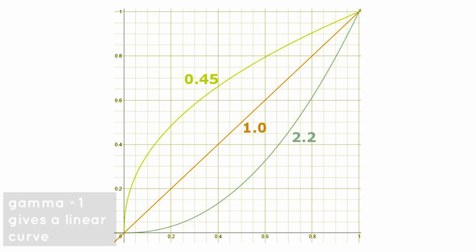Usually the gamma curve and the linear curve placed together will look like this, and for the gamma curve, each curve depends on the value of gamma you use.